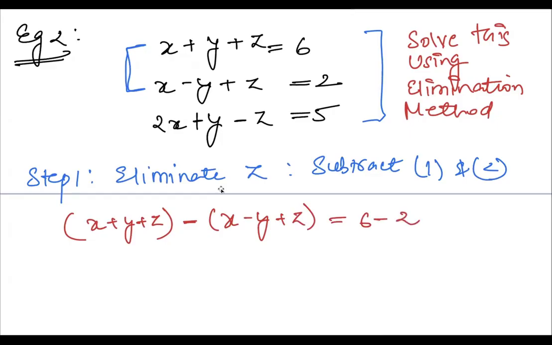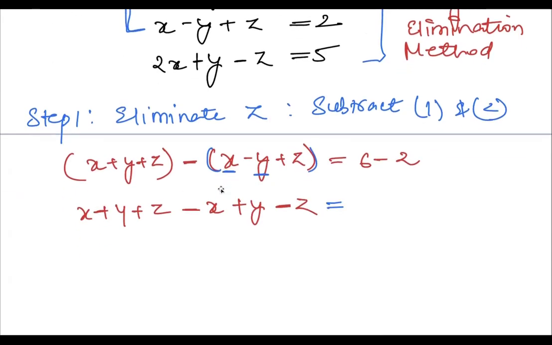So x plus y plus z minus x plus y minus z. What basically happens here is this minus gets multiplied. If this value is plus, this will be minus. So minus minus is plus, and again minus plus is minus. This is getting multiplied here. So this is equal to 4.